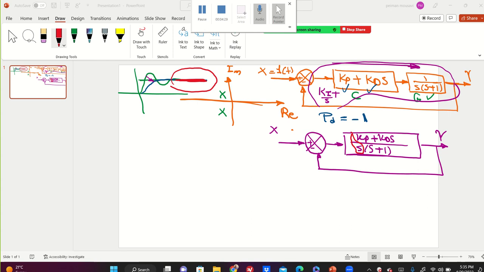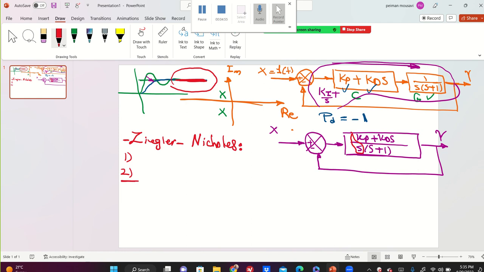But there are 2 classical methods by Ziegler-Nichols for PID controller design. I'm going to teach those and finish the controller design. In the next class, I'm going to hint at Routh-Hurwitz, and in this class mainly cover MATLAB and the concept of that.